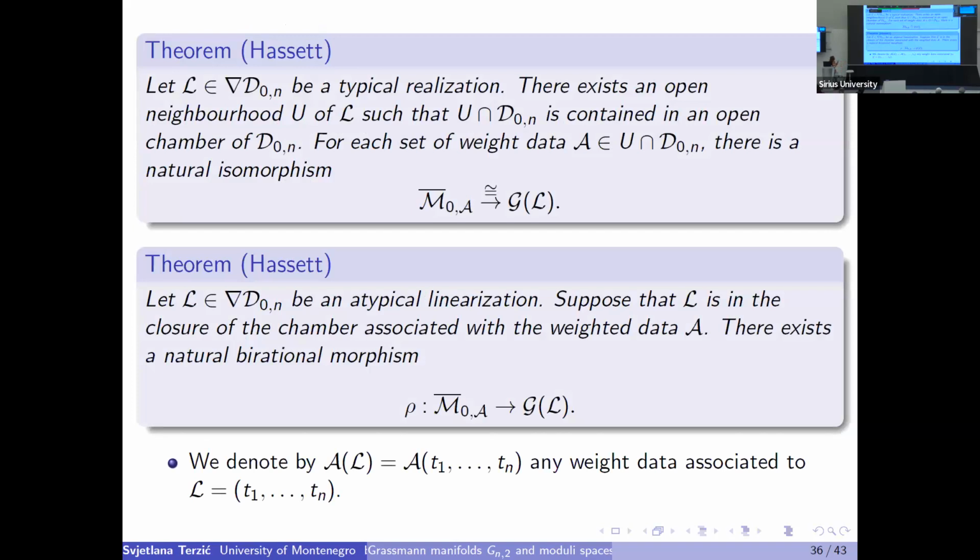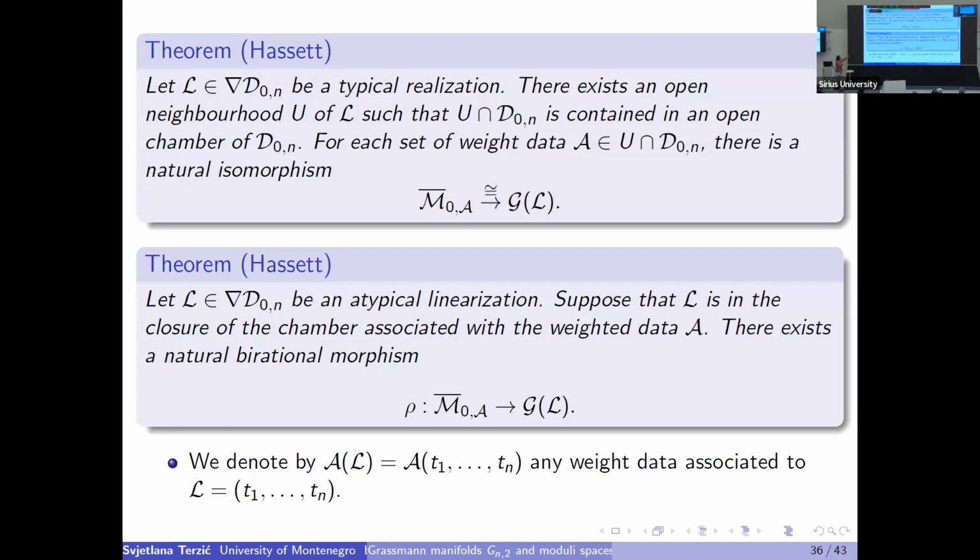And he proved that when we take L from the boundary of delta 0,n, if it is a typical linearization, then there exists a neighborhood U of such L such that the intersection of U with the domain of admissible weights is contained in an open chamber of D_0,n, and for each weight data in this open chamber, the weighted moduli space is isomorphic to the geometric invariant theory quotient.